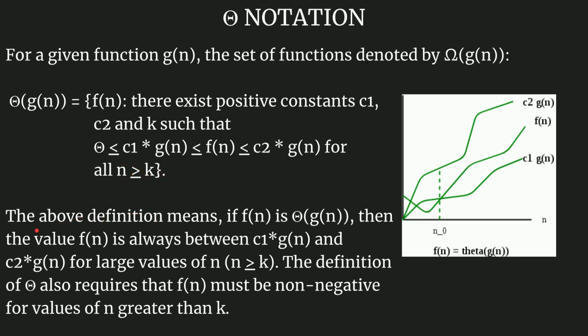So the above definition means if f of n is theta of g of n, then the value of f of n is always between c1 into g of n and c2 into g of n for large values of n, that is, n greater than or equal to k. The definition of theta also requires that f of n must be non-negative for values of n greater than k.